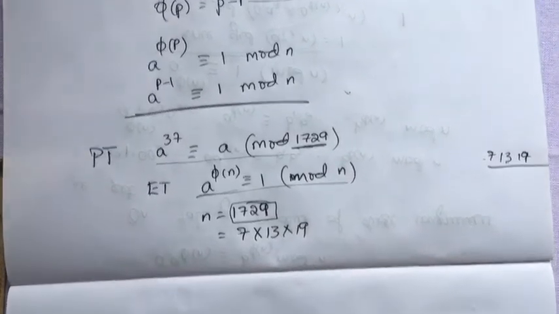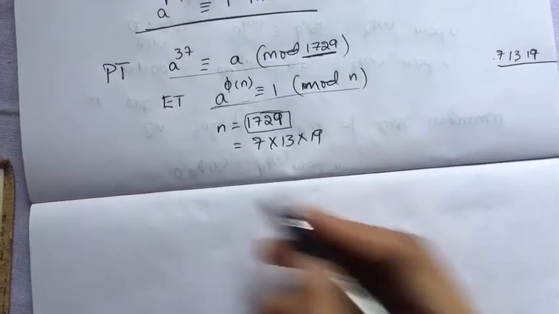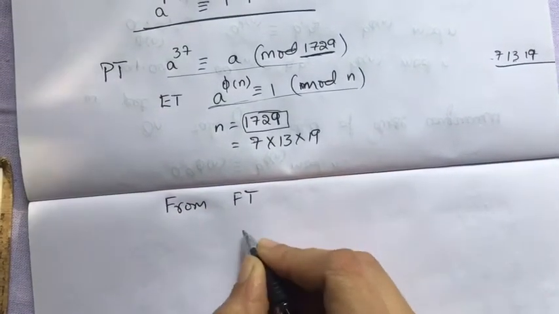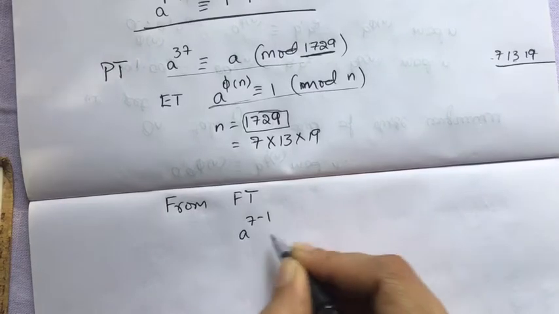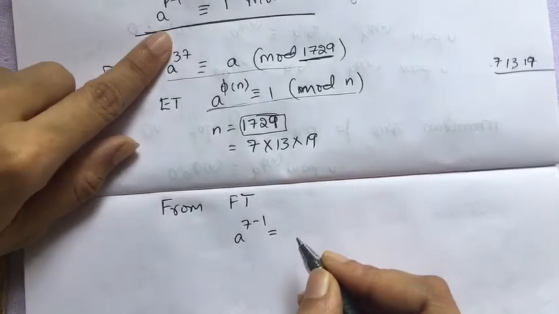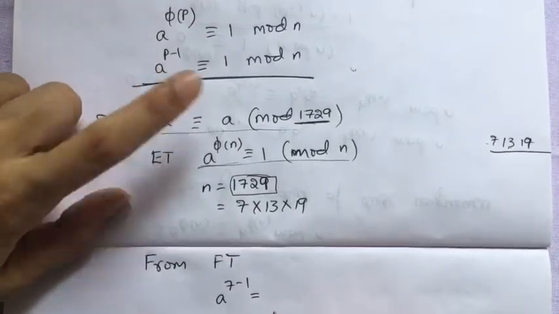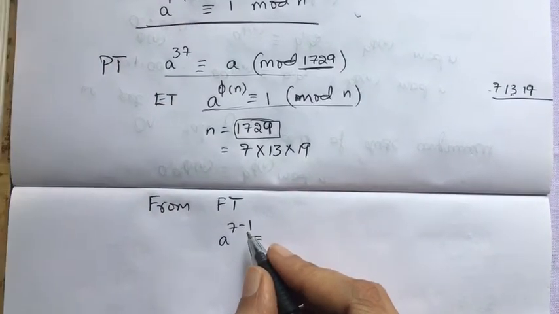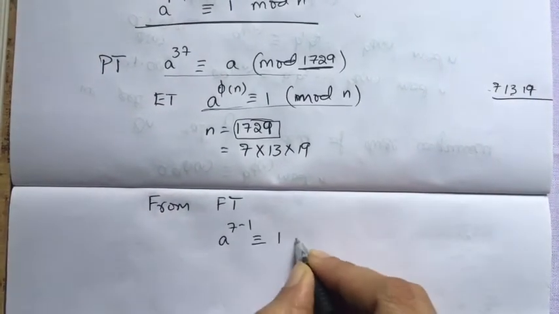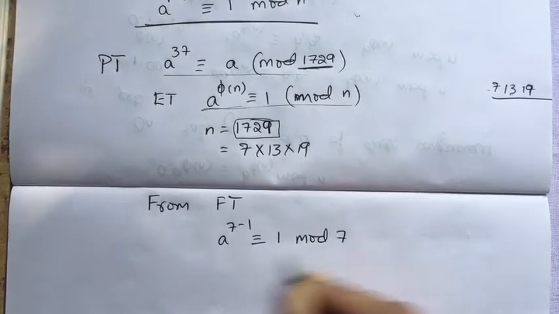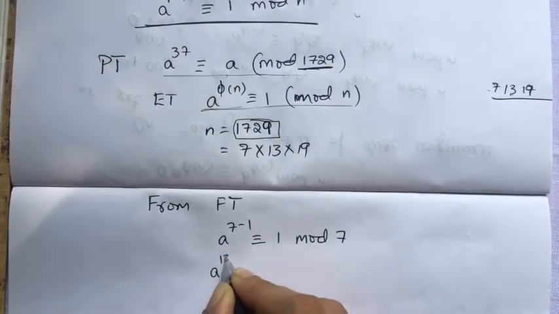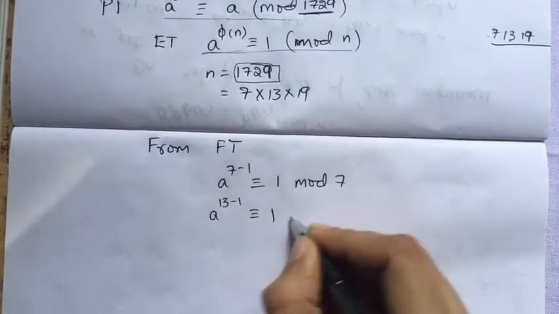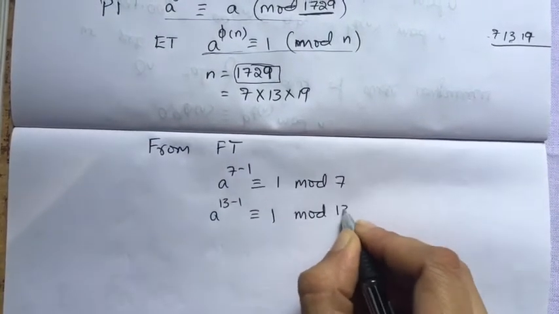Okay, so from Fermat's theorem I can write a power p minus 1 is congruent to 1 mod p. So a power 7 minus 1 is congruent to 1 mod 7. A power 13 minus 1 is congruent to 1 mod 13.